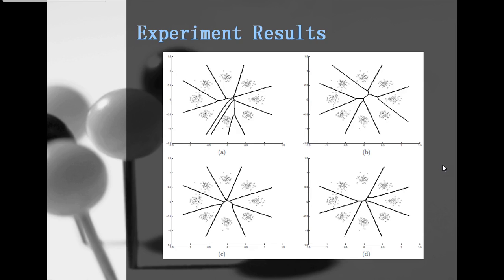In figure A, we see the behavior of the tree for alpha equal to 1. In figure B, the control parameter alpha equals 1.2. In figure C, alpha equals 1.4. And in the last figure D, alpha equals 1.6.